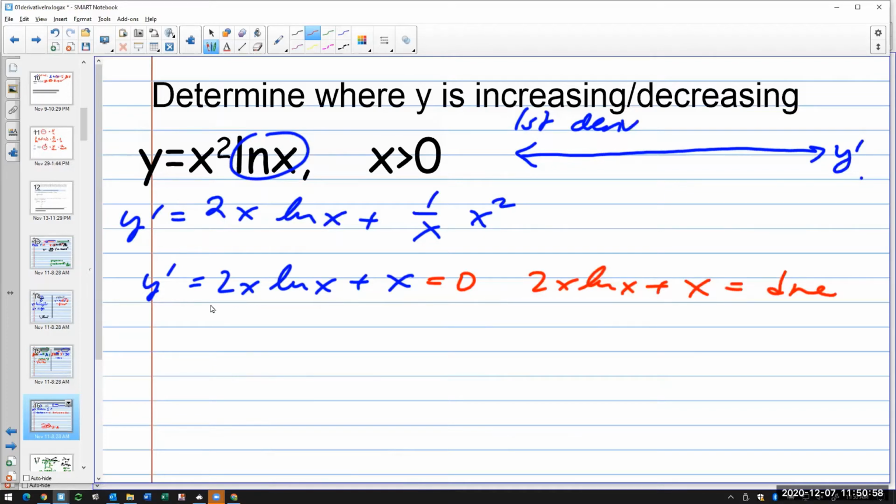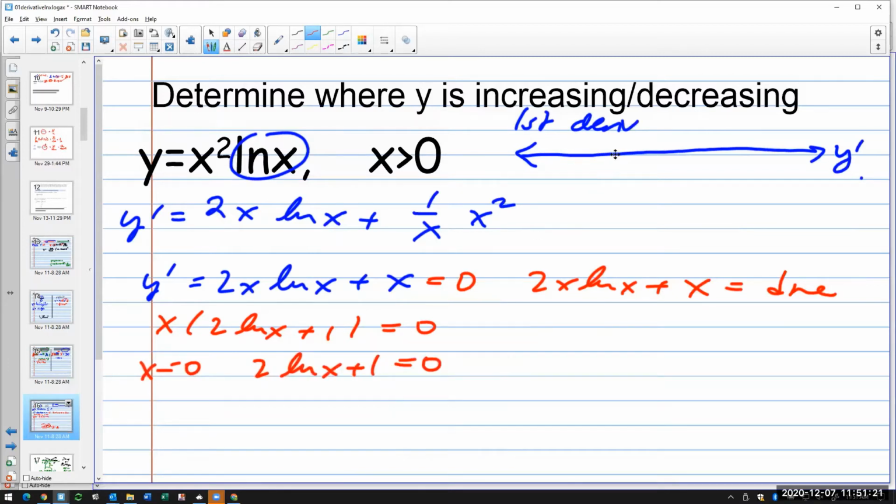So what I'm going to do is I'm going to try to factor this. What can I factor out of this? Do you guys see? X. So I'm going to take out an x. And the nice thing about taking out an x is I get something times something equals 0. If I have something times something equals 0, what does that mean about one of these somethings? Either x is equal to 0 or 2 ln of x plus 1 is equal to 0.